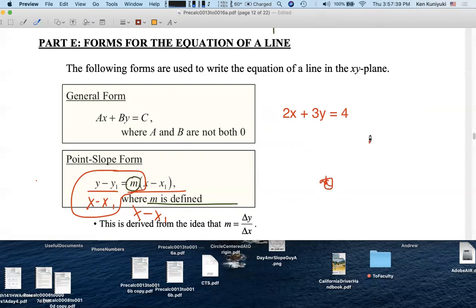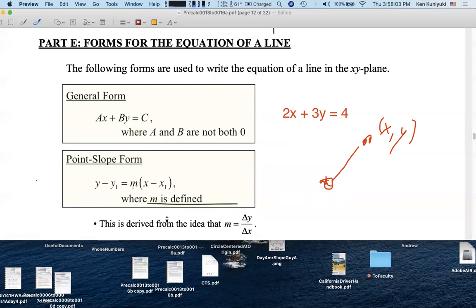So you have a point, you connect it with the key point x sub 1 comma y sub 1. You want all points x comma y that will force a slope m with this given point, x1, y1. So that is point slope form. Y minus y sub 1 equals m times the quantity x minus x sub 1. Point slope form for a line, where m is defined.